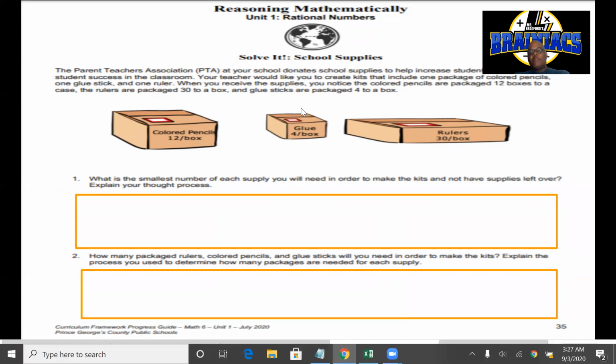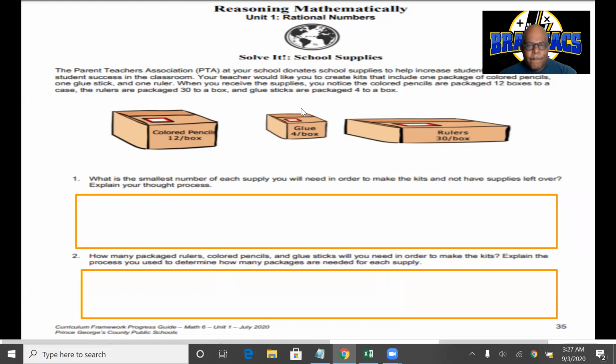So the least common multiple between 4, 12, and 30 is what? Is it 30? No, because 4 cannot be divided evenly into 30. Is it 12? 4 can be divided evenly into 12, but not 30.